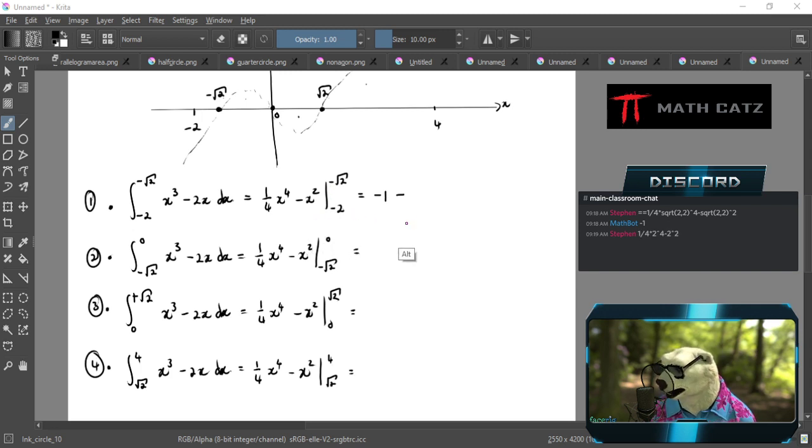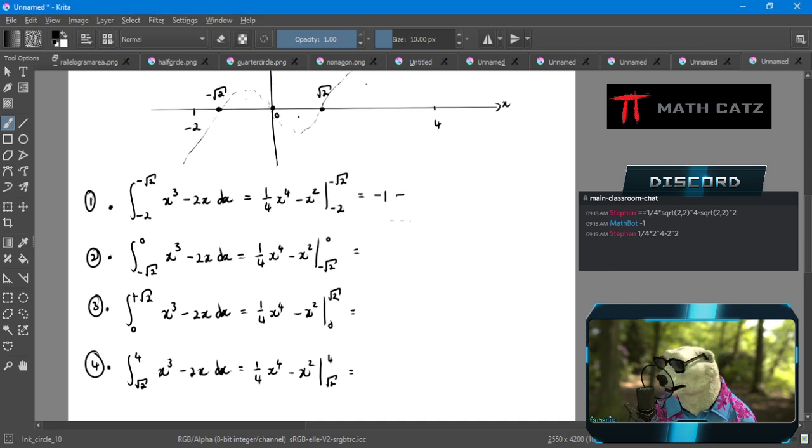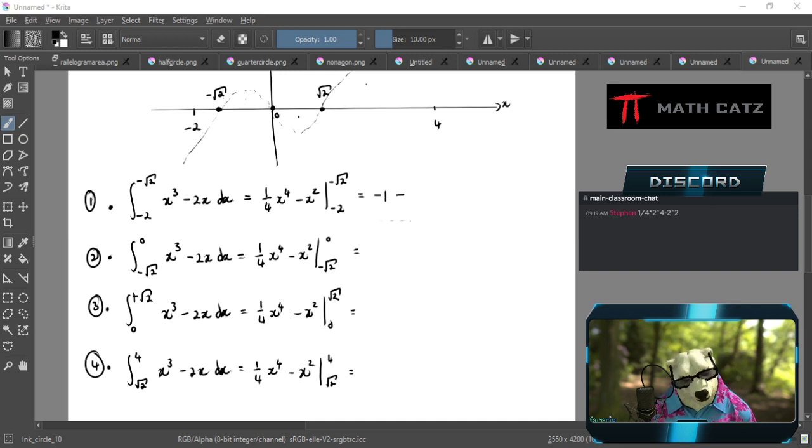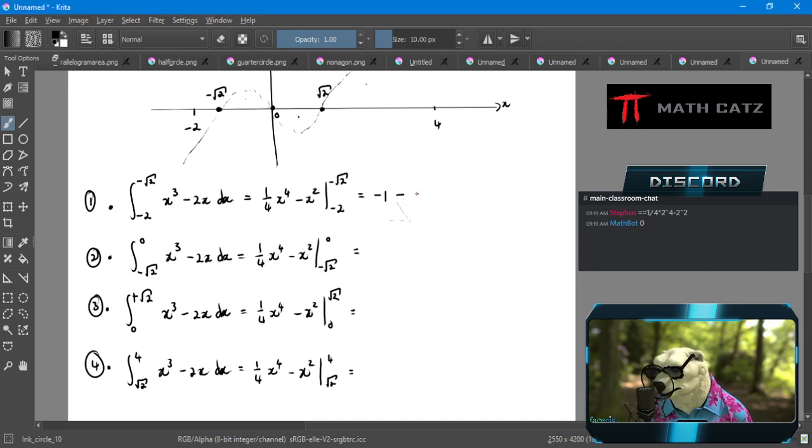Now I have not cared about the negatives because my powers of x are even. It's going to get rid of the negatives. Oops, I need to put an equal sign in front. There we go, we get a 0. So my answer for this first one is minus 1.